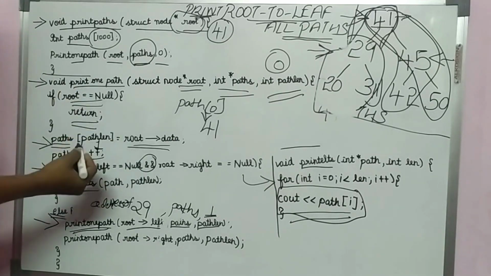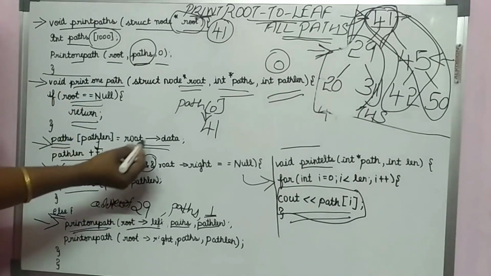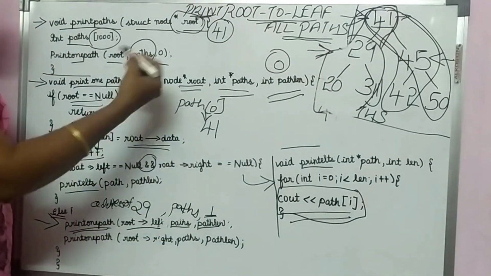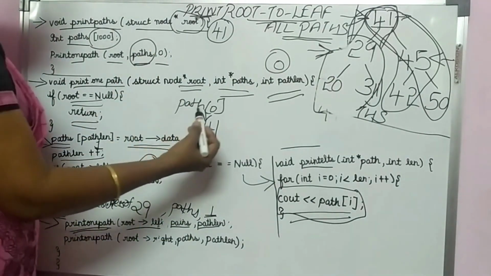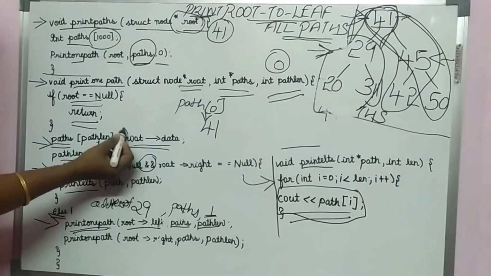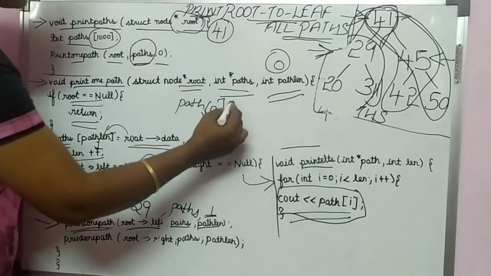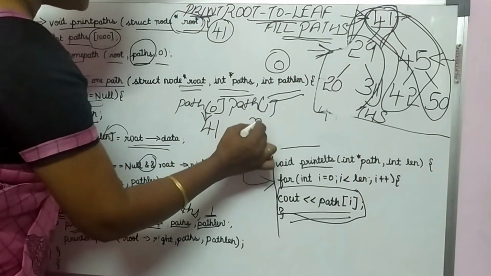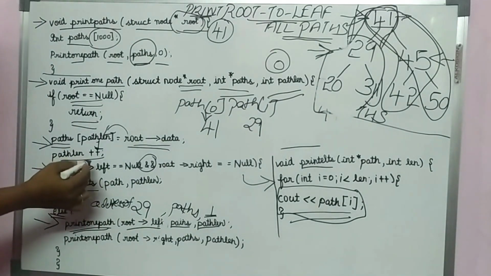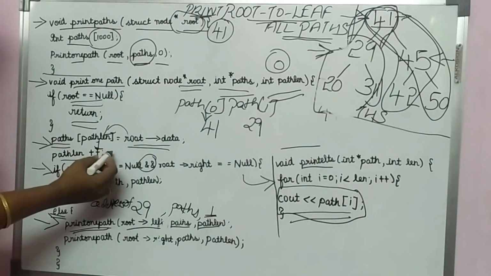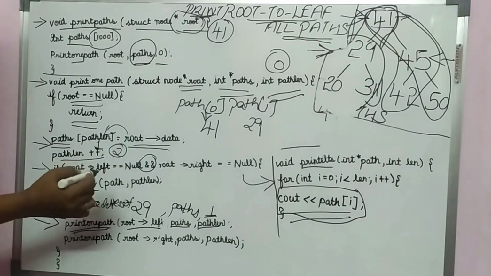So within the next location of the array, the current root value is 29, because the root of left you have passed. So in the first recursive call, the current root value is 29. So this 29 again we are pushing inside this array. So now path of 1 contains the value 29. And again you are incrementing the path length, so then in the next position you can store the next value. So now the path length will get incremented to 2.